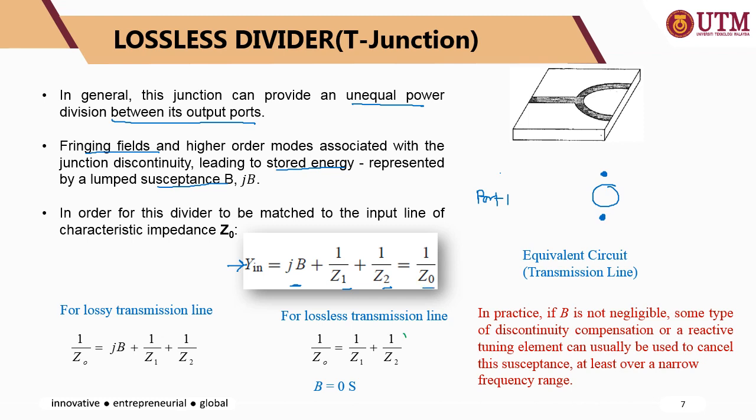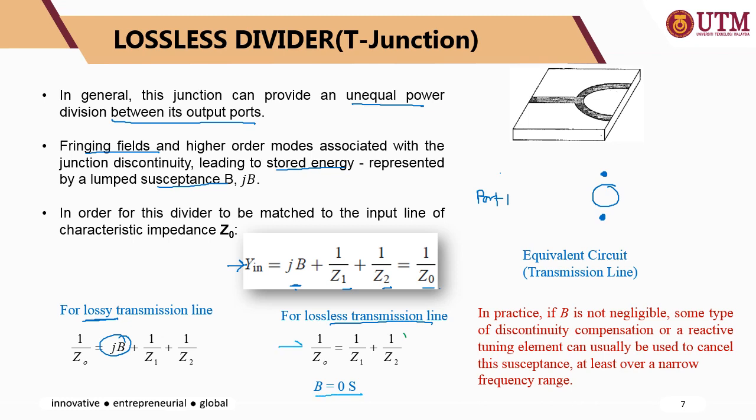Or in other words, Z1, Z2 plus the susceptance must be equal to the characteristic impedance of the transmission line. For a lossy transmission line, the jB will be included in the calculation. But for a lossless transmission line, it is assumed that the susceptance jB equals 0.